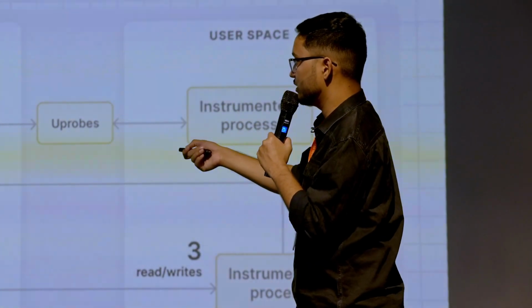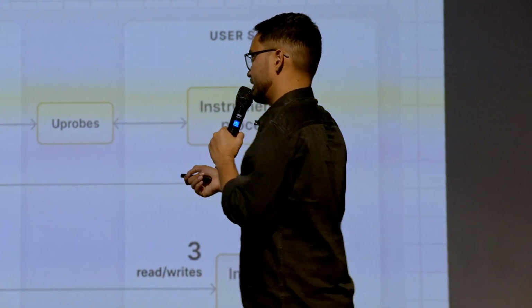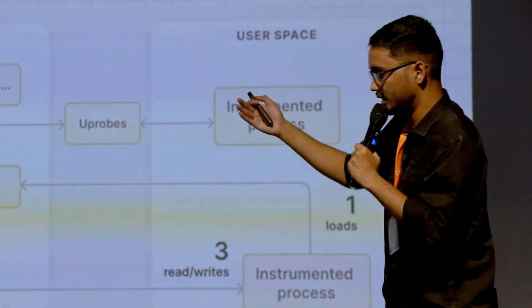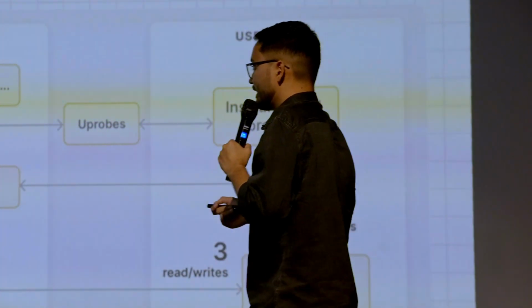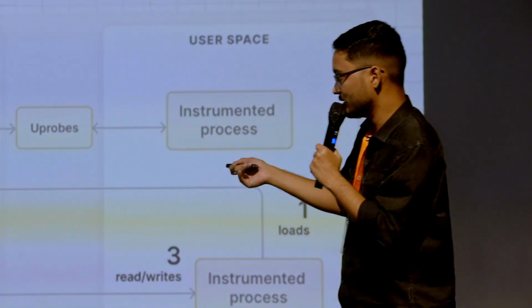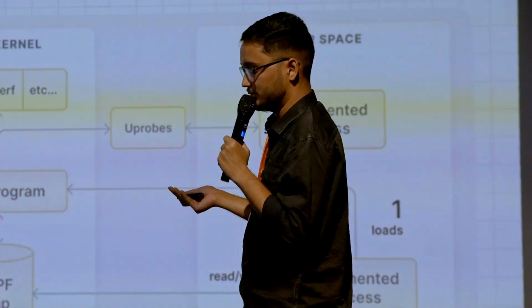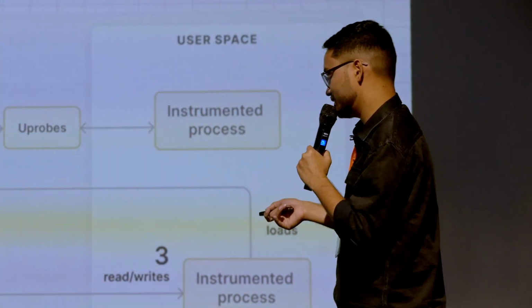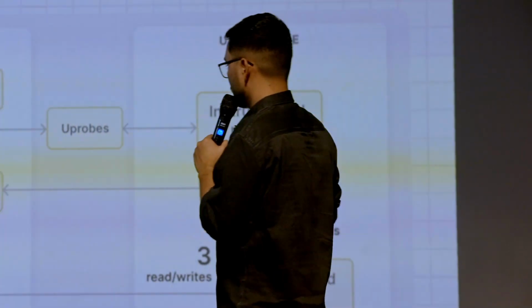The same goes for user probes, uprobes and uretprobes. That means user functions and user function returns. Also, we can hook into tracepoints so that we can have the tracing data as well. Also, we have perf events, USDT, and networking hooks as well.